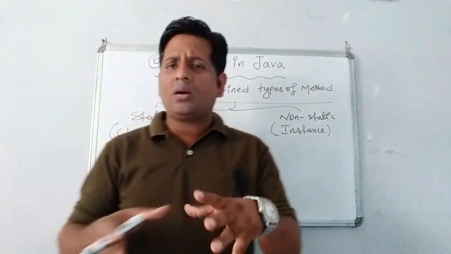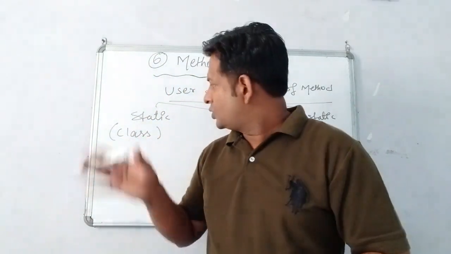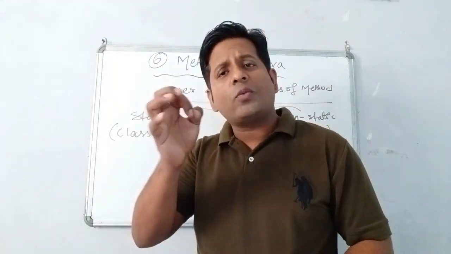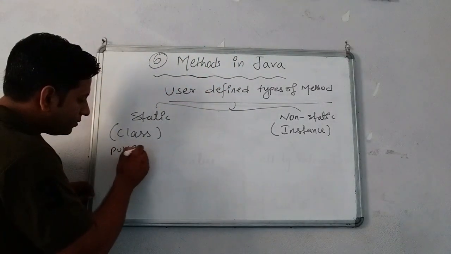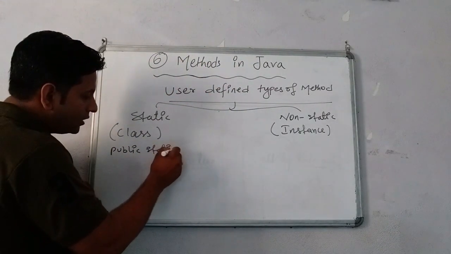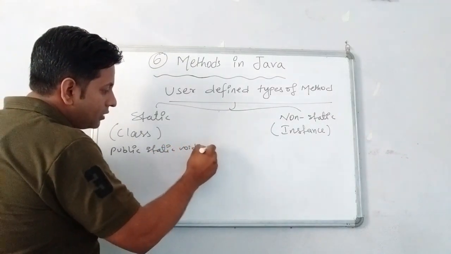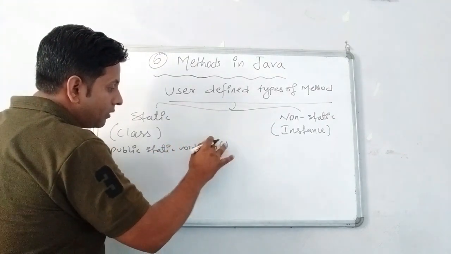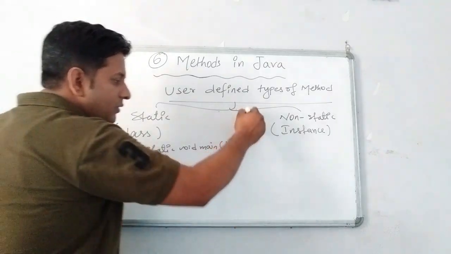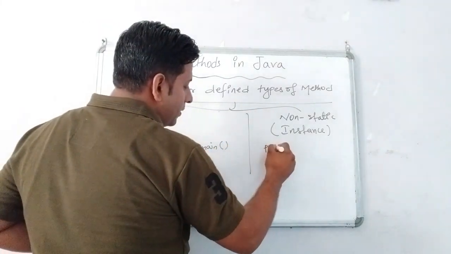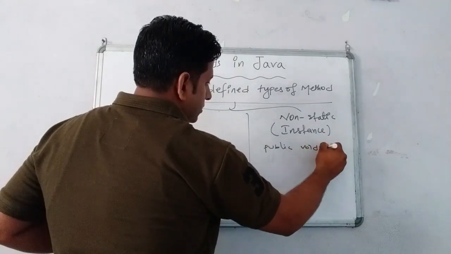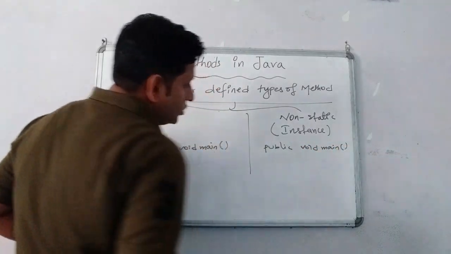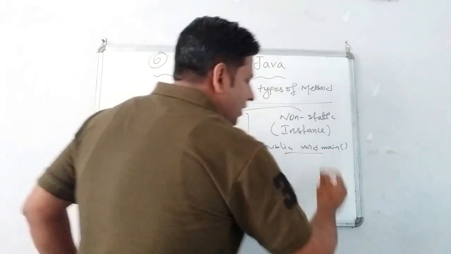Now what does it differentiate actually? Static means you always have to define with static, like here public static void main, and in case of non-static we declare public void main. Children, both are correct ways.